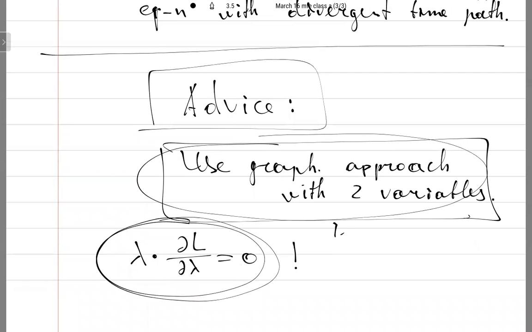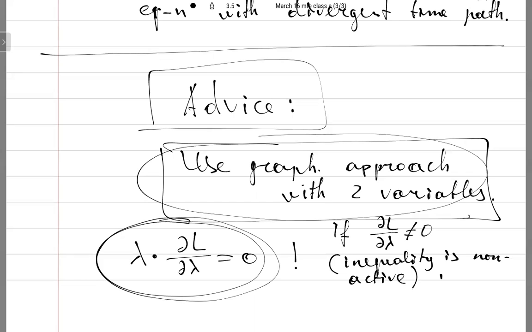If dL/d lambda is not equal to 0, that means the inequality is non-active. Then lambda should be equal to... what is the meaning and practical use of this equality?